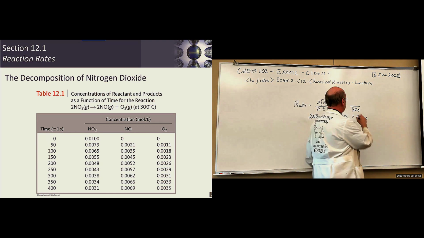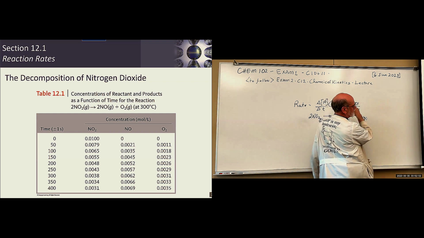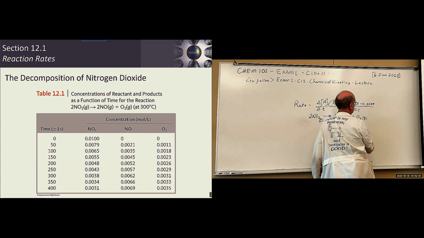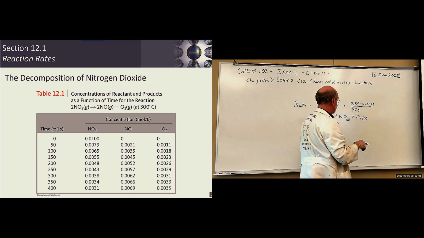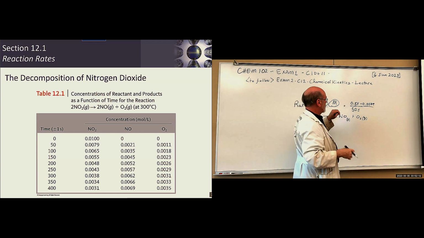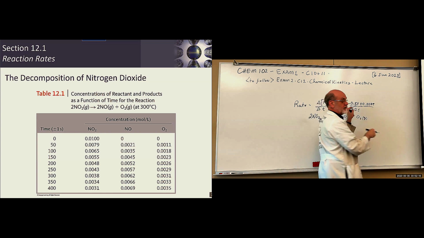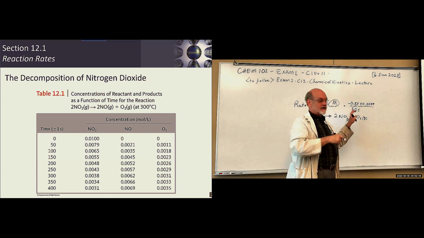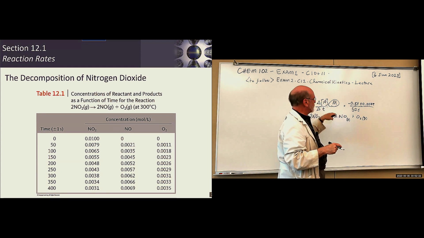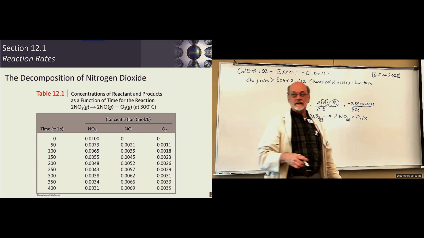Well, NO2 would be 0.01 minus 0.0079. And that would be the change in concentration. And actually, it would be the other way around. It's final minus initial. So the negative value would tell you that the rate is a decreasing amount of NO2, which is what we would expect.